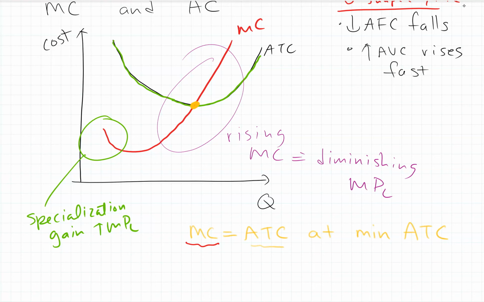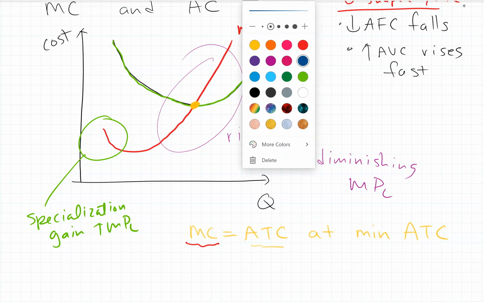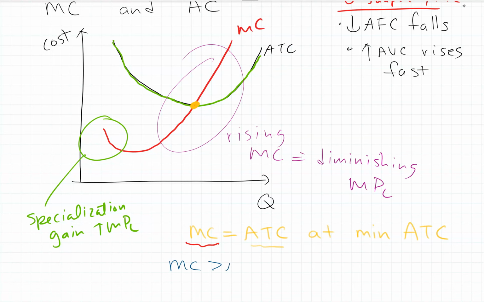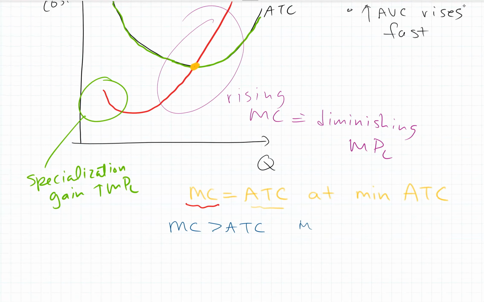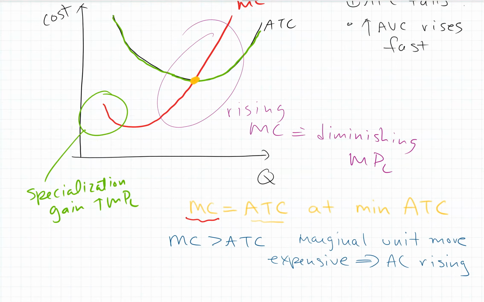So we can also say that if our marginal cost is above average total cost, that means our marginal unit is more expensive, so our average is rising. We know that this will be the case.